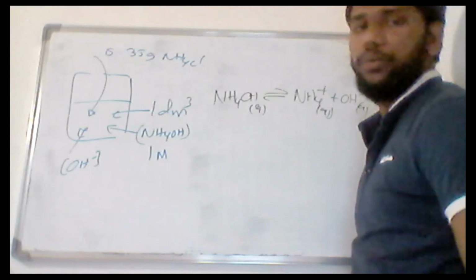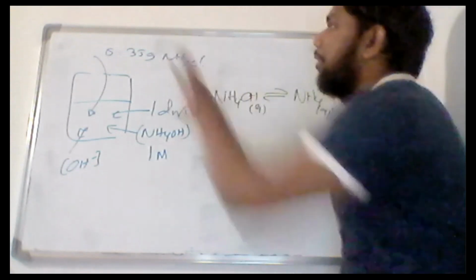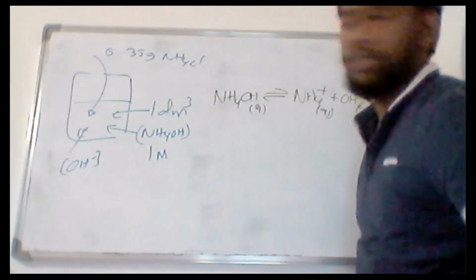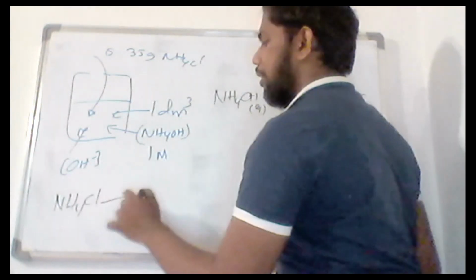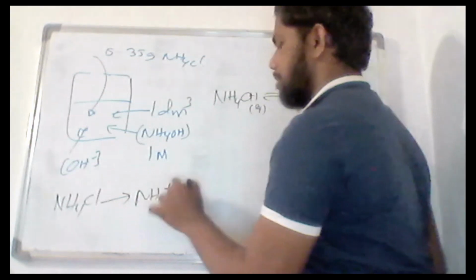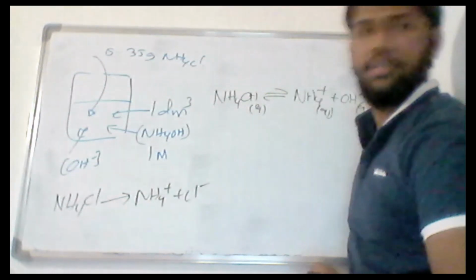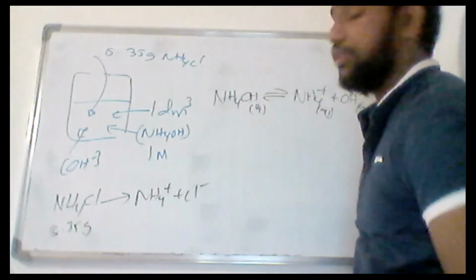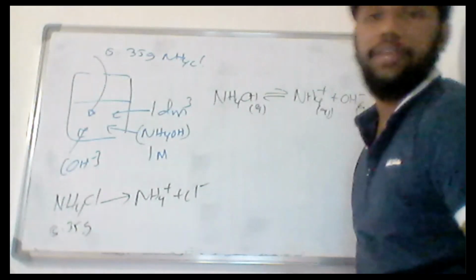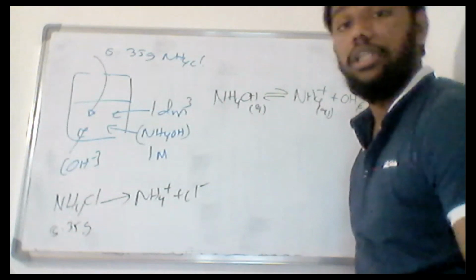Now what you are going to do here is you add a little bit of NH4Cl. So NH4Cl is a salt, right? So it will give you NH4 plus and Cl minus, and you are adding 5.35 grams to the solution. So you can find the concentration of NH4 plus in the solution.